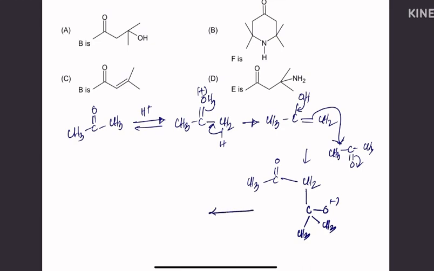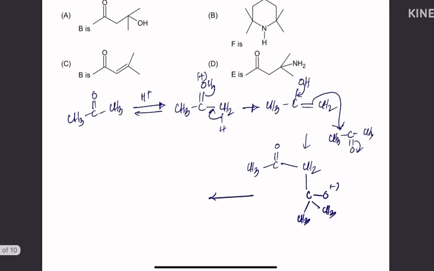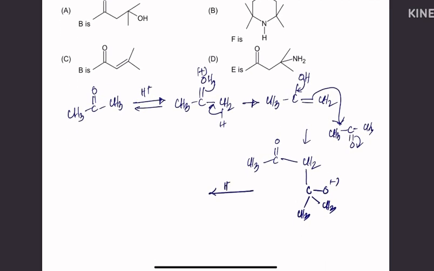Now if I do again like this, so this is kind of aldol condensation will be there. So again this H plus will be protonated, that oxygen will be protonated, and it will form a CH2 CO minus CH3.